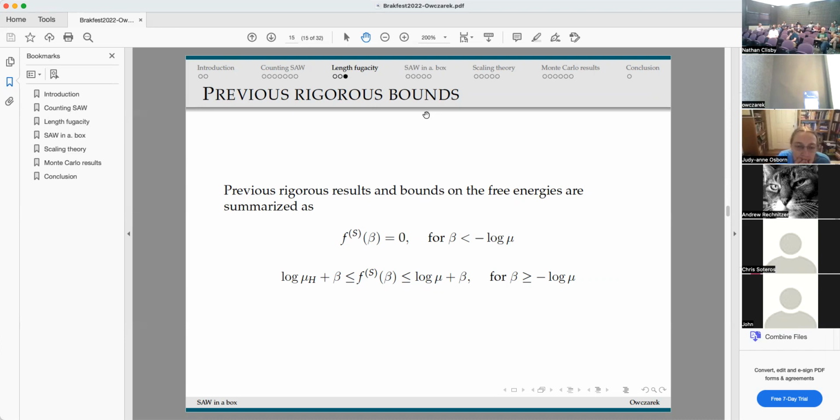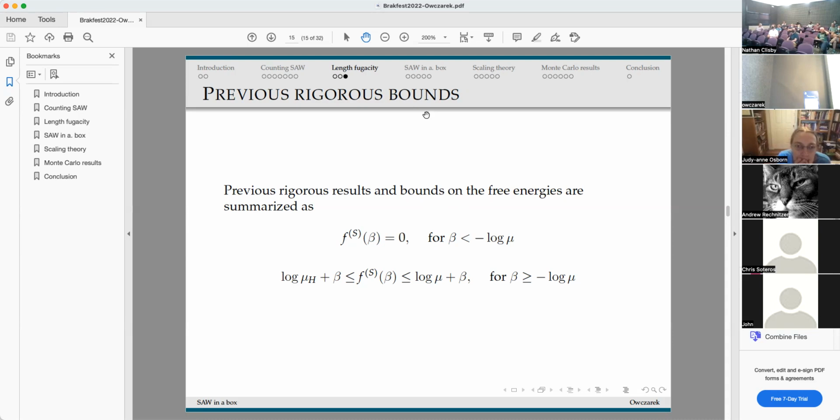Firstly, when beta is less than minus log mu, when the actual generating function for self-avoiding walks converges, this free energy is 0. It makes sense because you're taking the limit of 1 on L squared log of something, and if that ends up converging, dividing by L squared, you end up with 0. That's rigorous. You can show that this free energy exists and is 0 in that region.